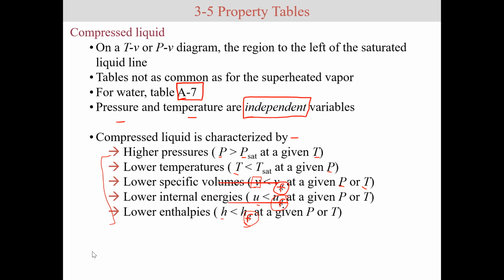Now, you'll notice that for the compressed liquid tables, when you look at the varying pressures, like if you go back and look at the saturation or the superheated vapor tables, you have sections of the table for varying pressures, right? So you have a pressure, then you have varying temperatures, and it gives you the properties.